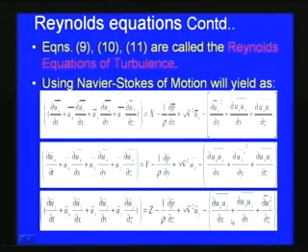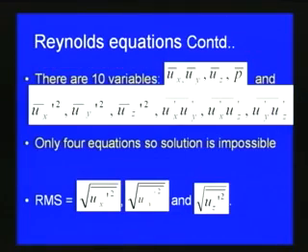So, this is the Navier-Stokes form of the equation of turbulence in the z direction. Either we can solve the Reynolds form of the turbulence equations, or we can use the Navier-Stokes form of the turbulent flow equations to get a solution.